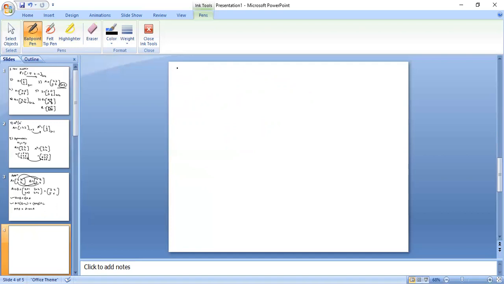So next thing we will see scalar multiplication. In scalar multiplication, suppose A is the given matrix, any matrix, and k is a scalar.